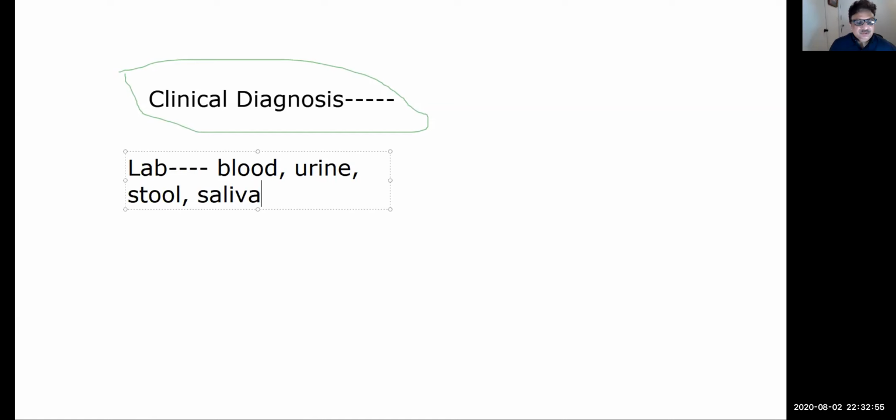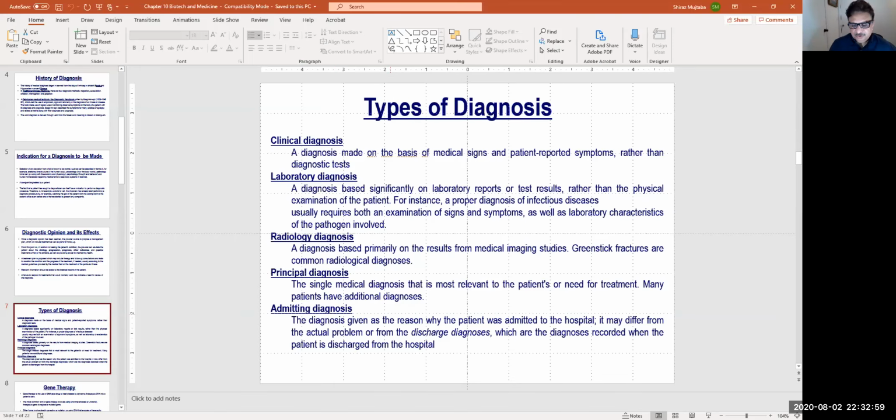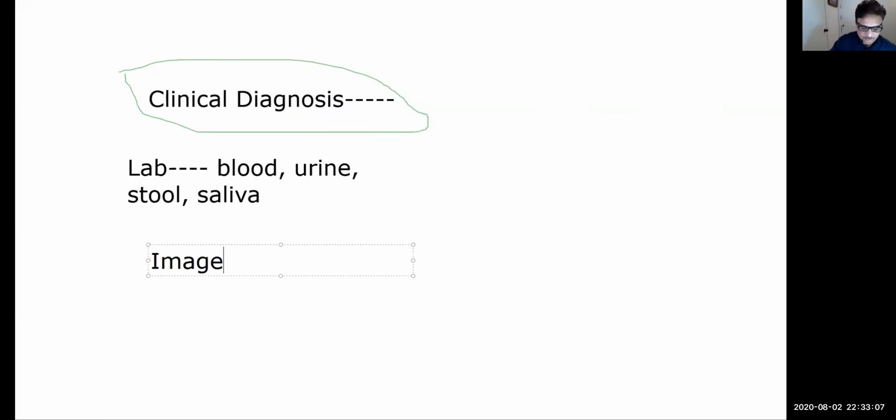The third kind of diagnosis is called radiological diagnosis. A radiological diagnosis is the kind of diagnosis where the physician wants to look at an image of the body, right? He wants to see what kind of fracture it is, how deep the tissue is damaged, whether the fracture is simple or complex, right?